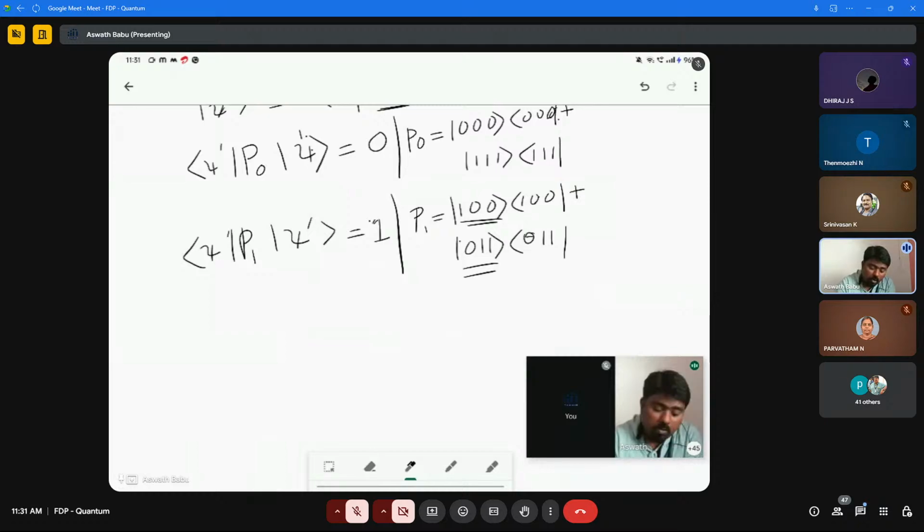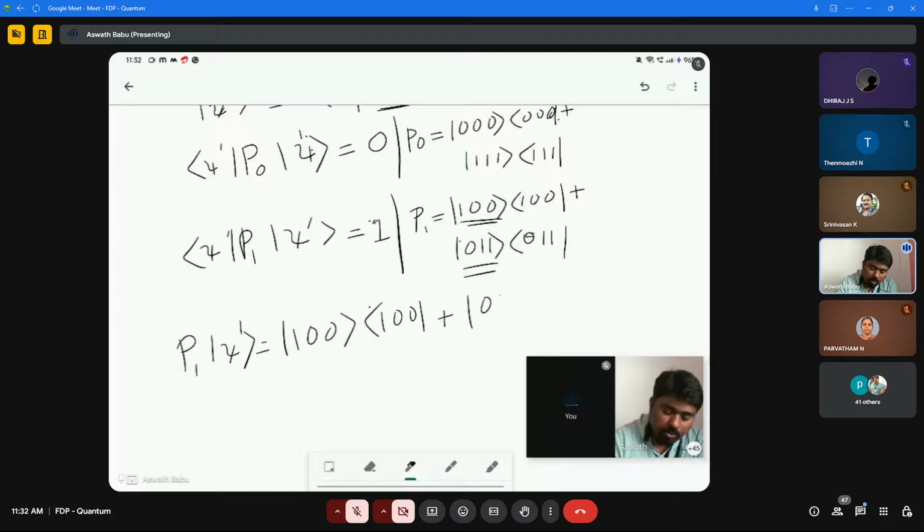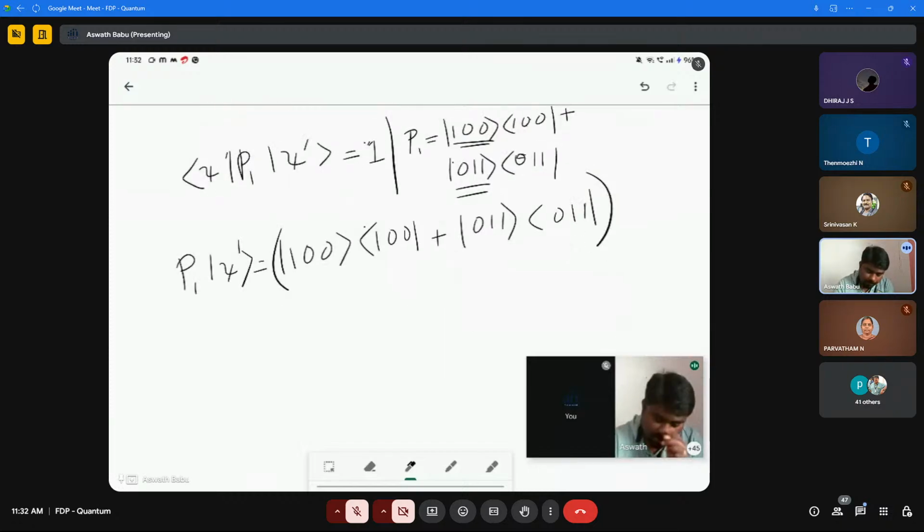If you want, I can show you P1 acting on psi prime. P1 is 100 outer 100 plus 011 outer 011, this entire thing acting on alpha 100 plus beta 011. Now there are two terms.